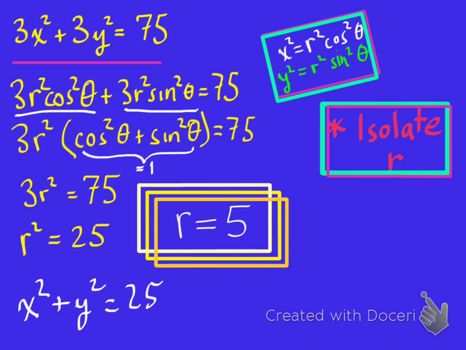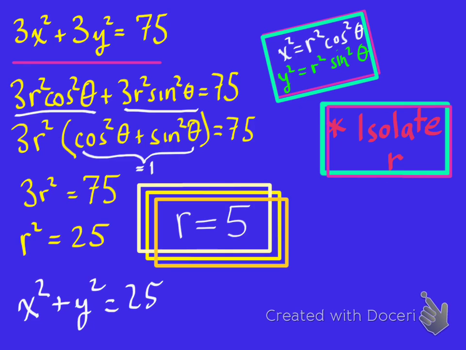And you can see that from r squared equals x squared plus y squared. And that's how we would take the square root there. But you can see that equation, x squared plus y squared equals 25, is a circle centered at the origin with a radius of 5. Okay, so they graph the same thing is the main point there. The polar form and the rectangular form would graph the exact same graph.